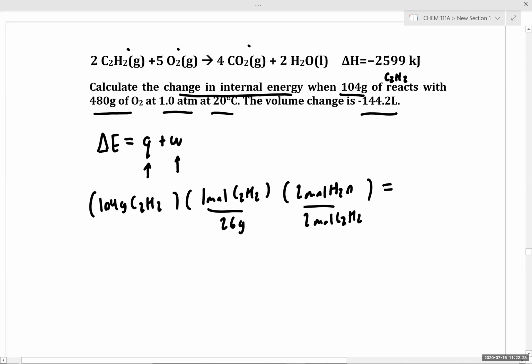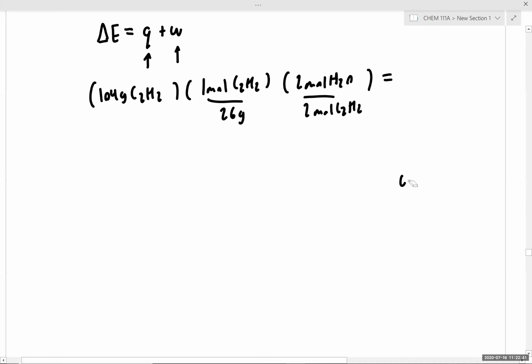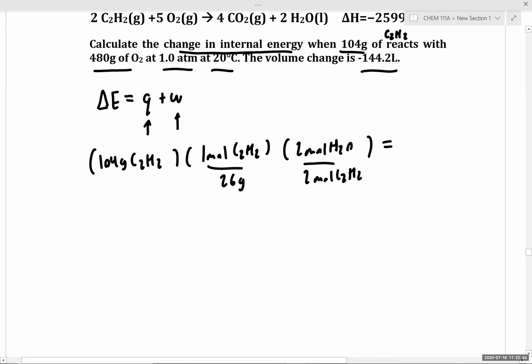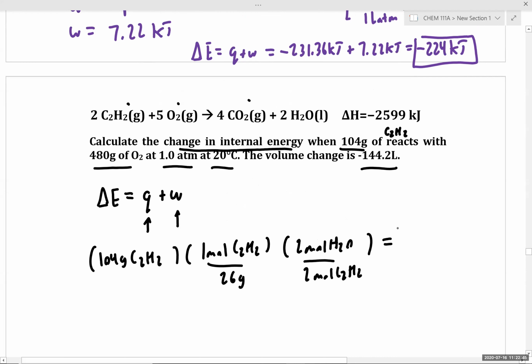Okay, so punching that into our calculator, we have 104 over 26. That gives us 4 moles of acetylene.